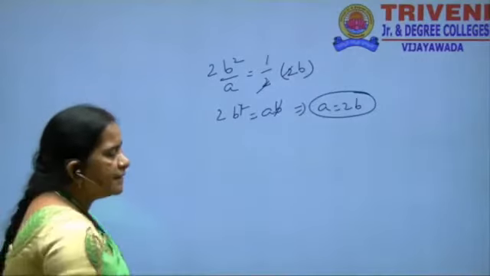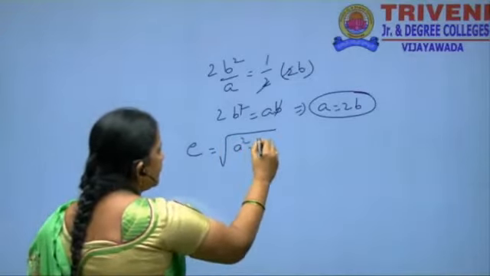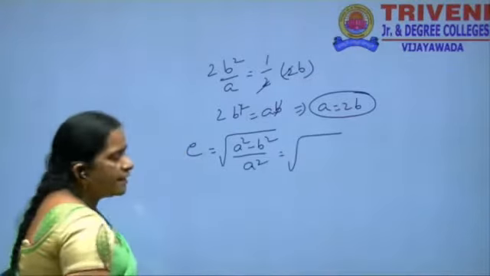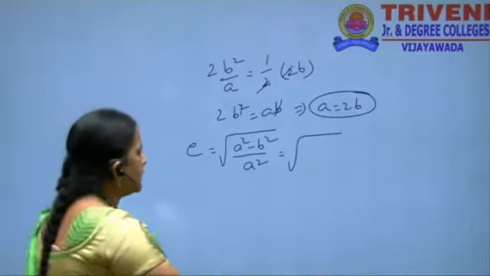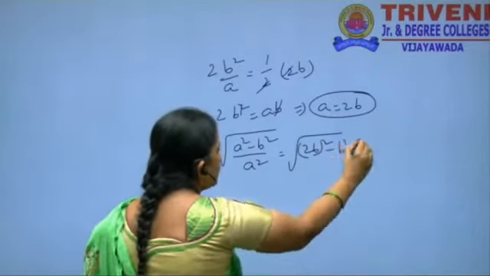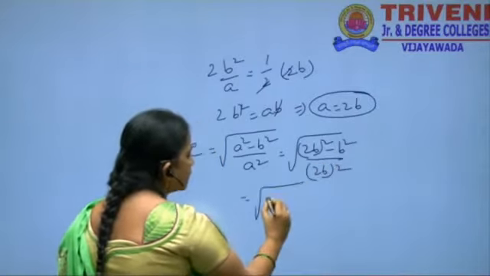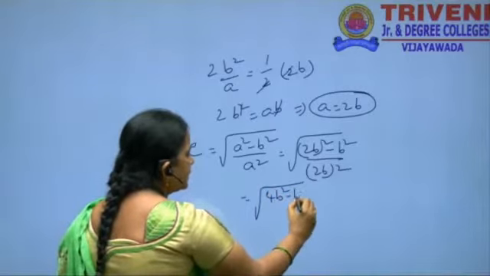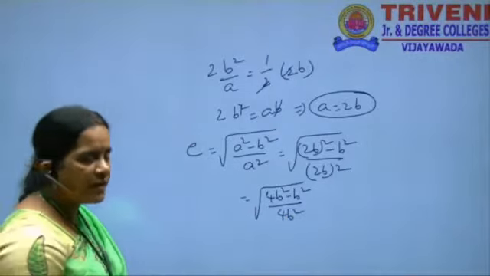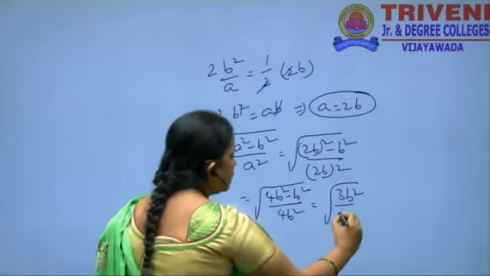Then find the eccentricity. Already you know the formula of eccentricity is square root of a square minus b square by a square. Substituting the value of a as 2b: 2b whole square minus b square by 2b whole square, that is equal to square root of 4b square minus b square by 4b square. 4b square minus b square is 3b square by 4b square.